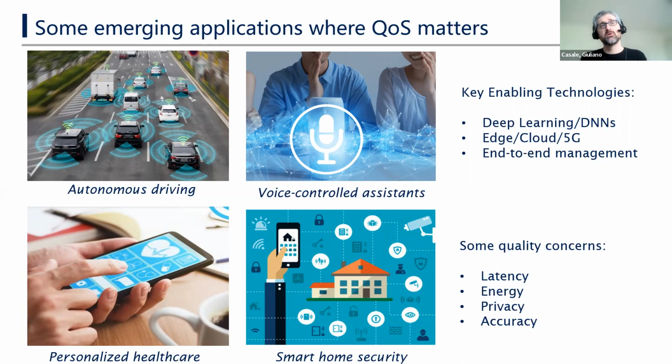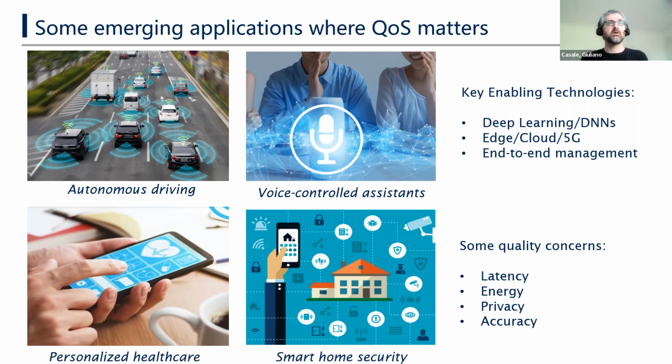There are, as I'm sure you know, a lot of interesting applications that are emerging and getting a lot of traction in industry nowadays related to autonomous driving or voice-controlled assistance. But also mobile applications that heavily leverage AI and machine learning for personalized healthcare, or smart home security applications, which allow you to control devices in your home that ensure security of the environment.